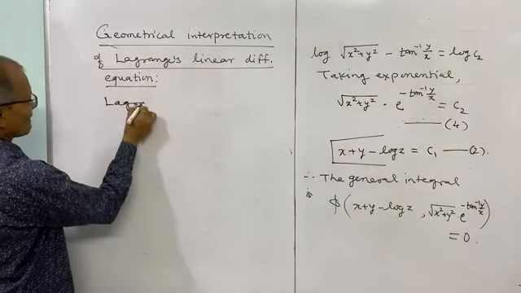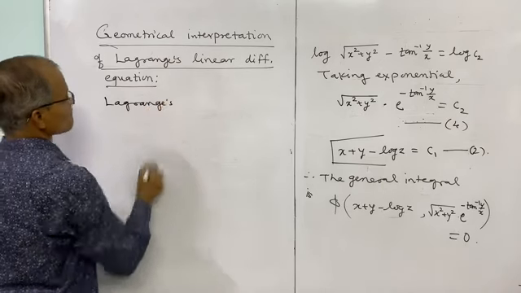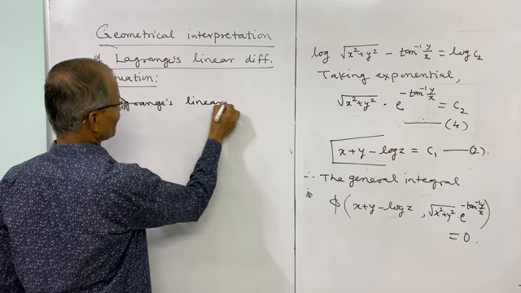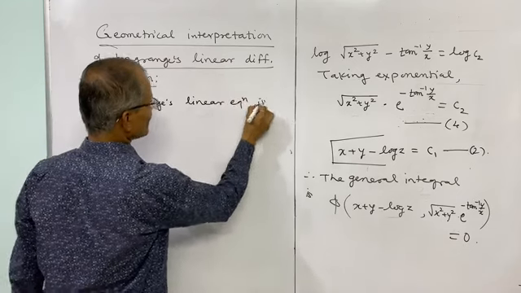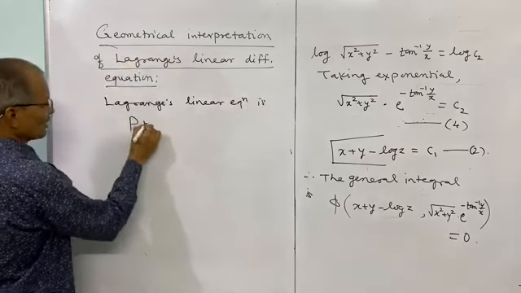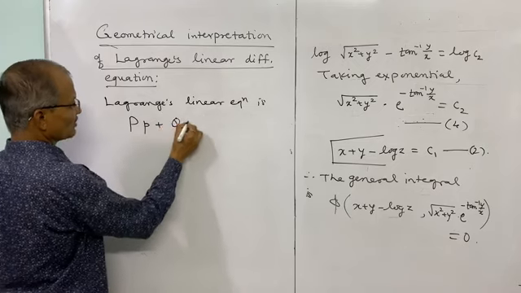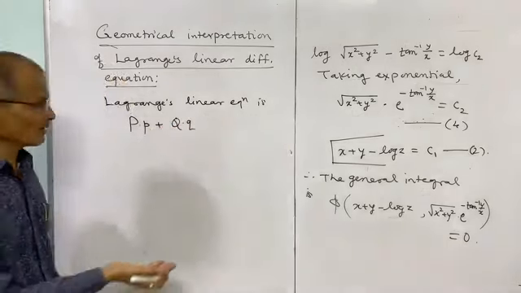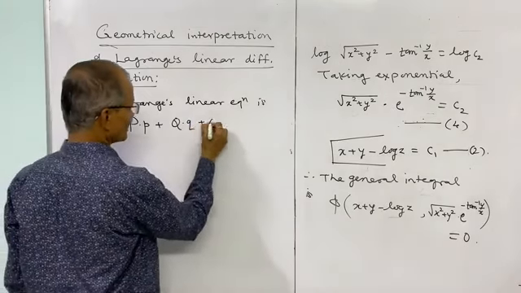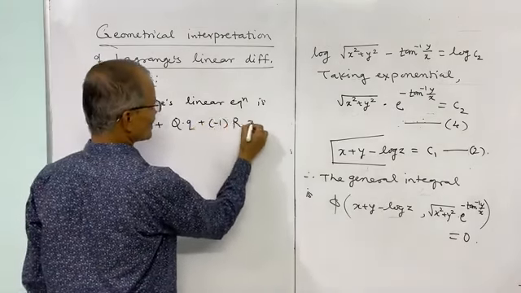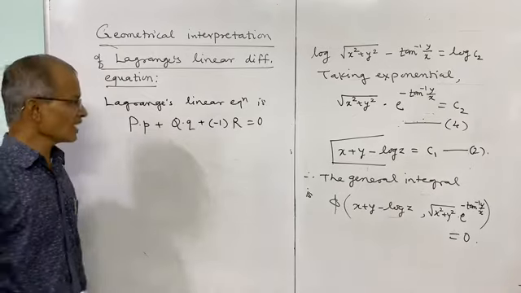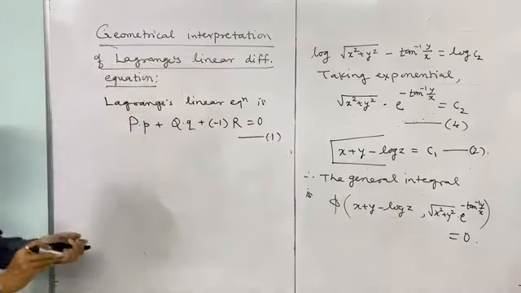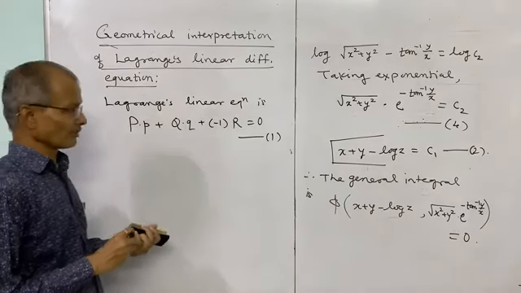Lagrange's linear equation is, P into small p plus Q into small q is equal to R. That R can be written on left side and that can be written as minus 1 into R is equal to 0. So this is Lagrange's linear equation, and now we shall consider its geometrical interpretation.